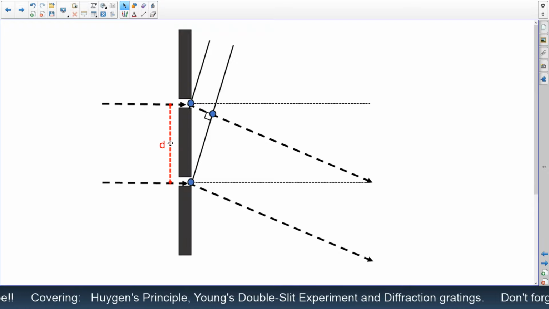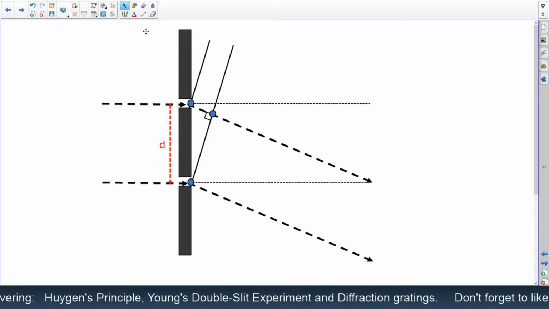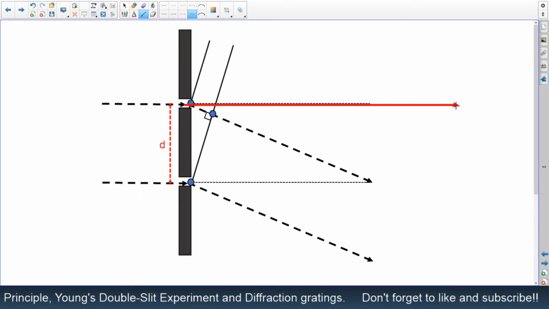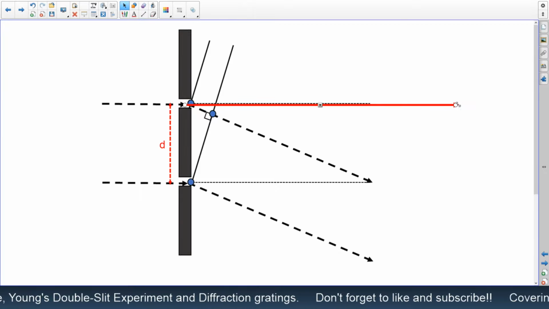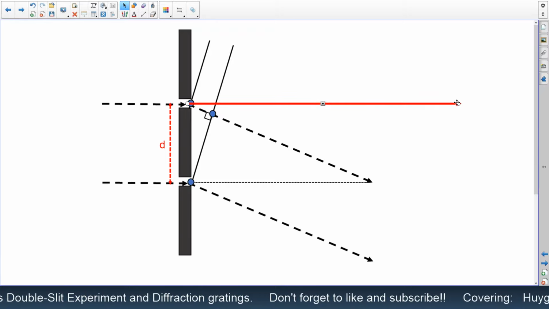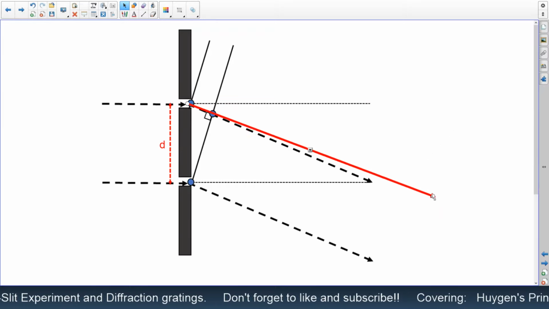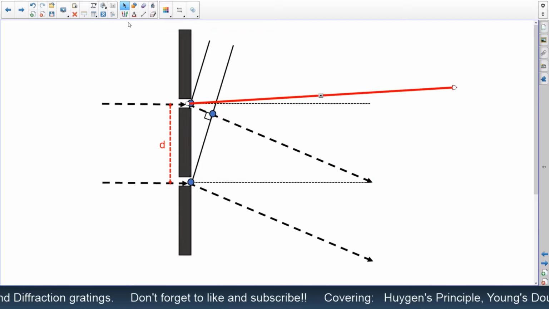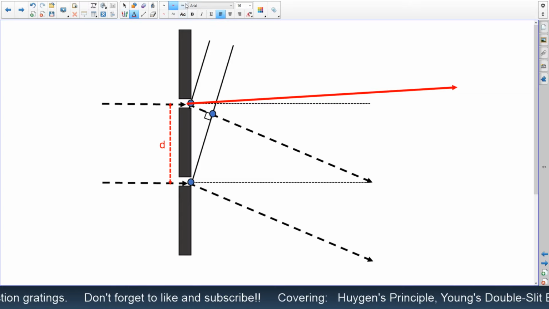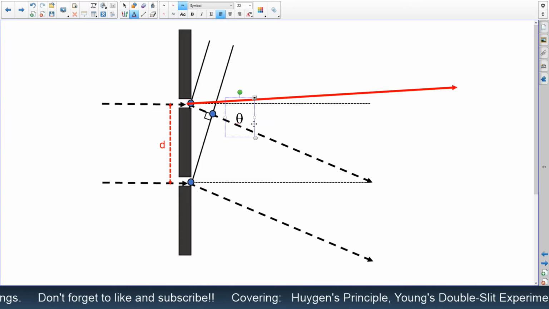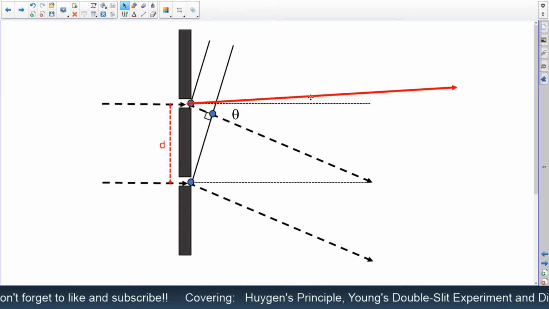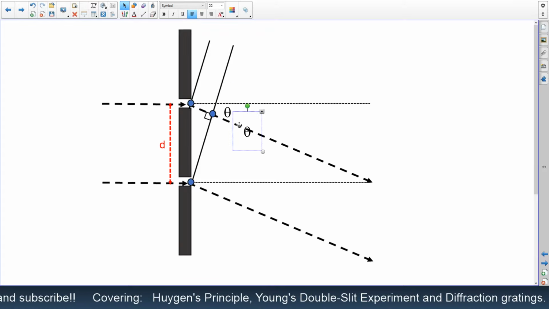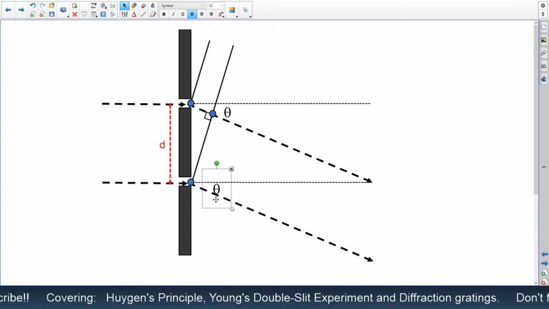Now, if we consider that the original waves were traveling this way, and that we are now getting a wave that's being deflected down this way, we're going to call this angle of deflection theta. All right, so that's theta. And just by a bit of similar triangle stuff, that's theta.